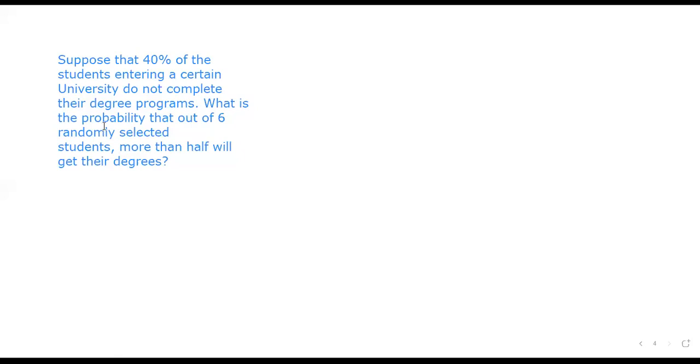For you to understand or deduce that this is a binomial, there are two key things that you should take note of. You're always given a sample size and you're given P. This never misses.